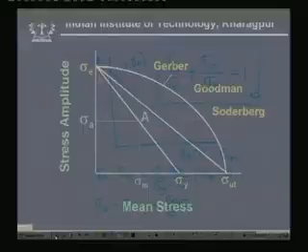Now, in a similar manner, we can develop the equations for the Gerber line or the Goodman line, which we have just shown in the last slide.